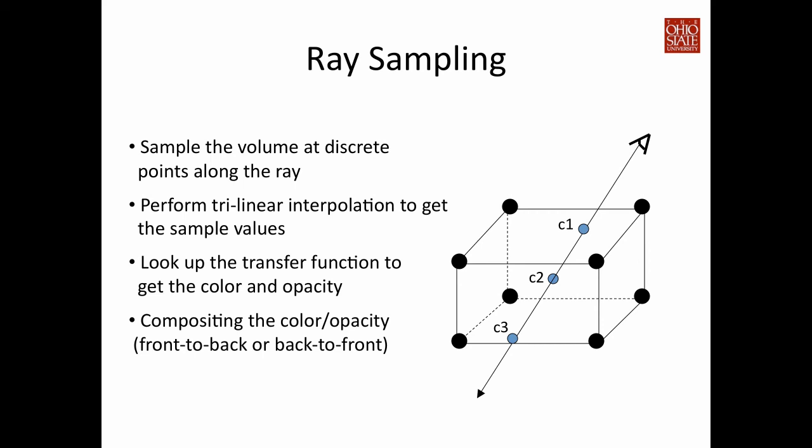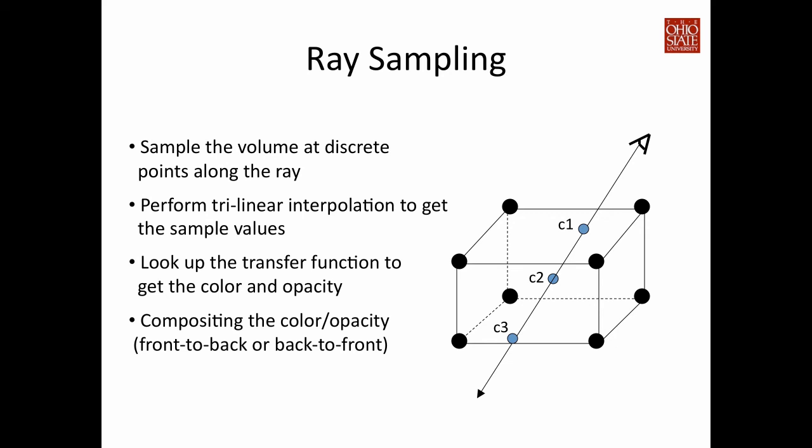The value of the sample point is obtained through trilinear interpolation. This is linearly interpolated data value from 8 corners of a cube. I'm assuming we are using regular cube data. And then I'm going to composite the value C1, C2, C3 to blend them together along the sequence of the ray.